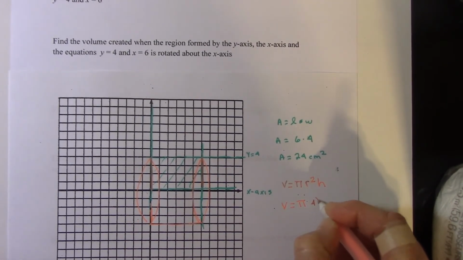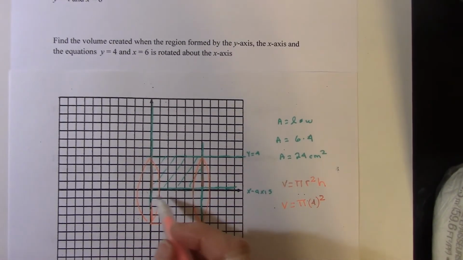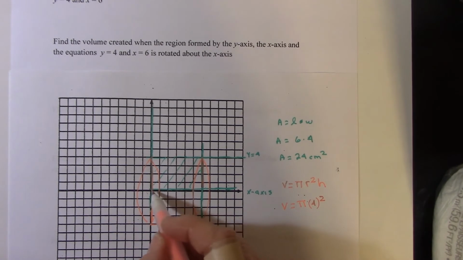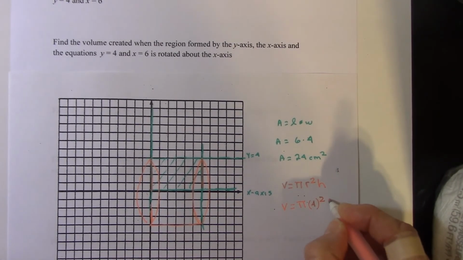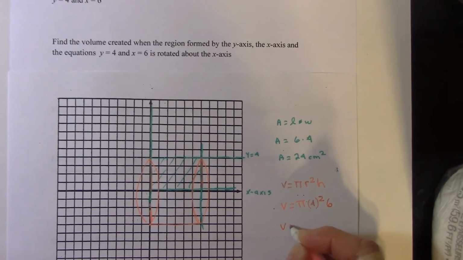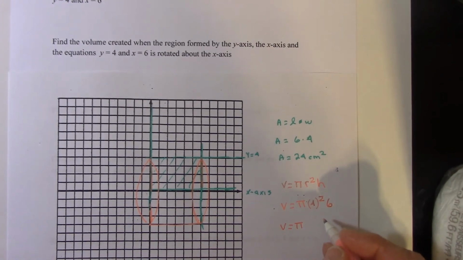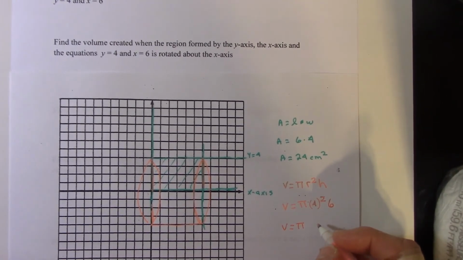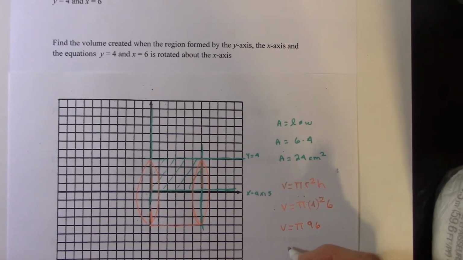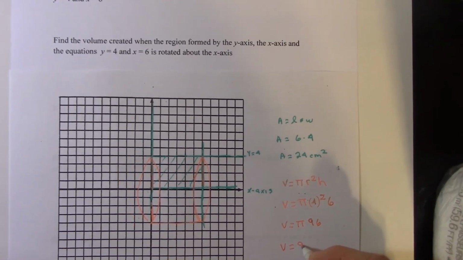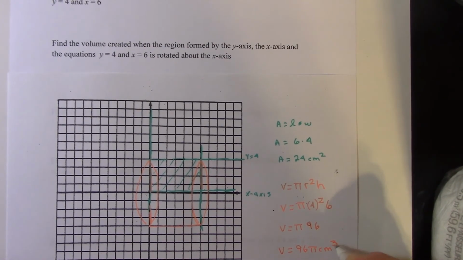So it's 4 squared, and then the height, because it's kind of turned sideways, but the height here is this length, which is 6. So our volume is pi times 16 times 6, which is 96, or we can write it as volume equals 96 pi centimeters cubed.